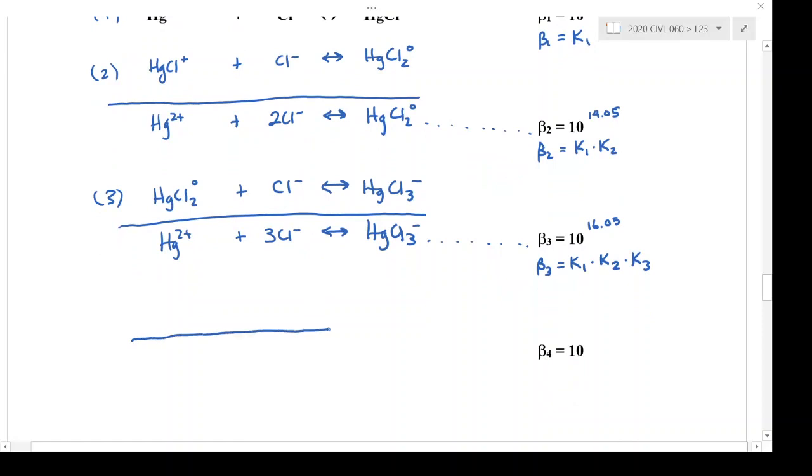And finally, I'm going to add the fourth reaction, which is HgCl3 minus plus Cl minus forms HgCl4 2-.